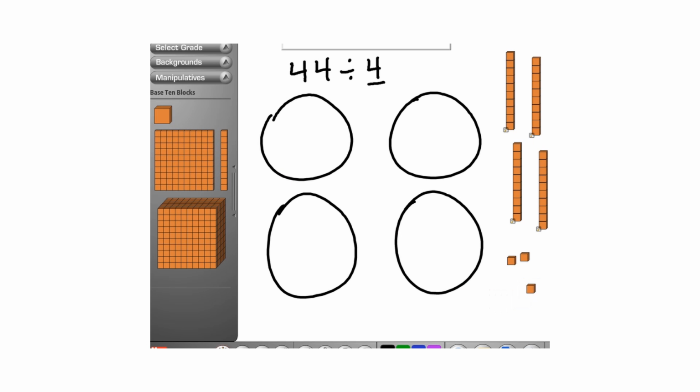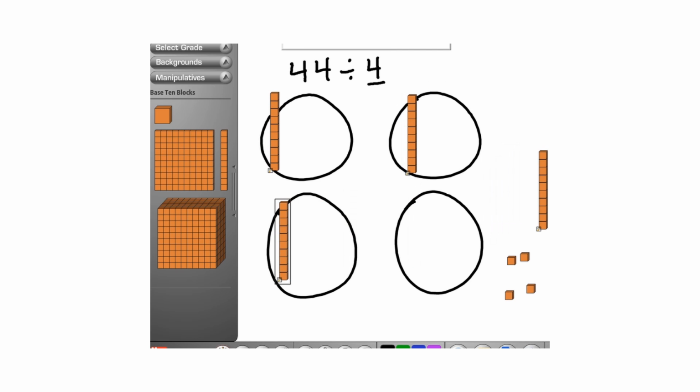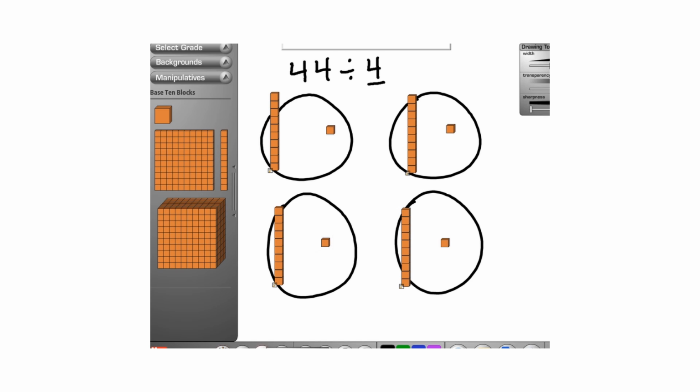They're never ending. See how they never disappear? You always have as many as you need. Then we can start taking these and putting them inside each of the circles. We just drag and drop them over the circles like that. So how many went in each circle? 11. You had one long and a 1. So your answer would be 11.